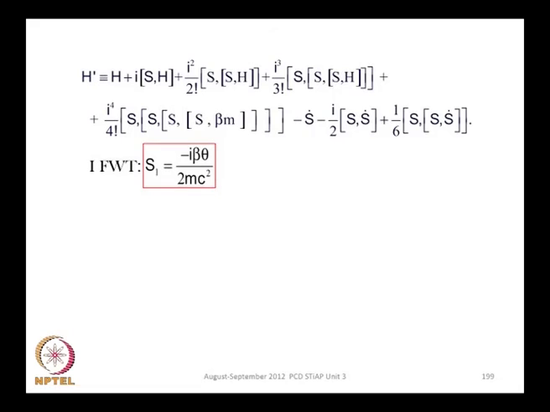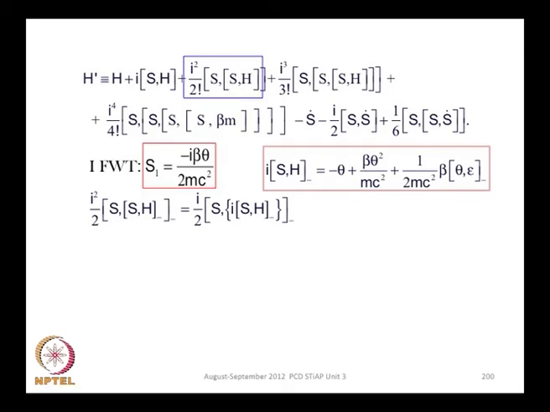especially after removing the careless mistakes. It takes a little while, and then when you do it, you know what this i[S, H] is, this is what it turns out to be. Then using this you find the second term, and then using this you get the next term.